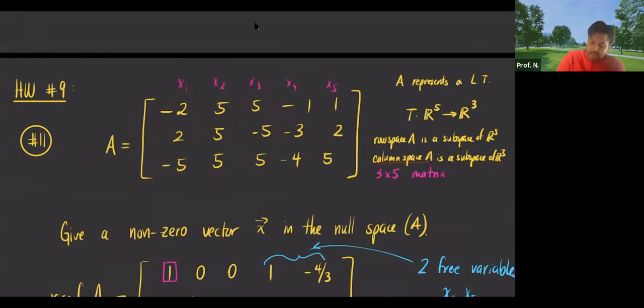So the column space of A in this case is actually all of R3. But the row space of A is merely a proper subspace of R5, because in order to be all of R5, you would need to have 5 vectors. Here we only have 3. Okay, does that make sense? So the column space of A is all of R3, but the row space of A is only a portion of R5.